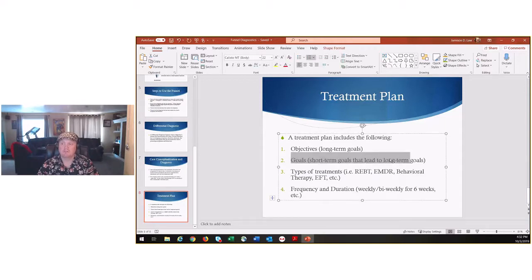The goals are the short-term goals or steps that lead to the long-term objectives. So with him, there were several things that needed to happen before he could create this bigger picture. One of them was the post-traumatic stress symptoms, the feeling like nothing was good enough anymore.